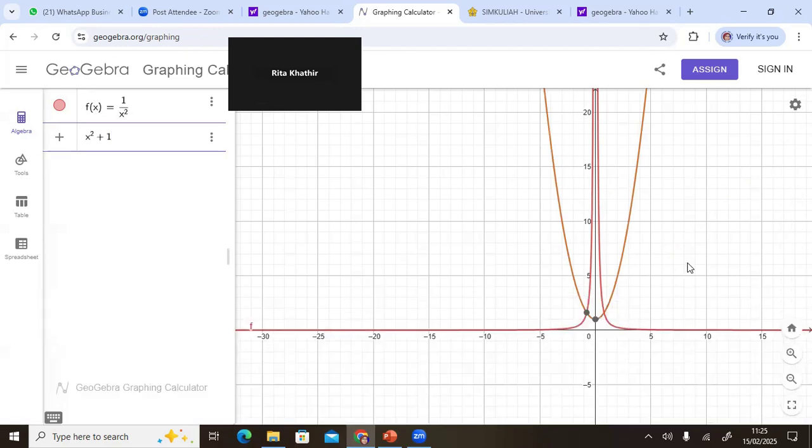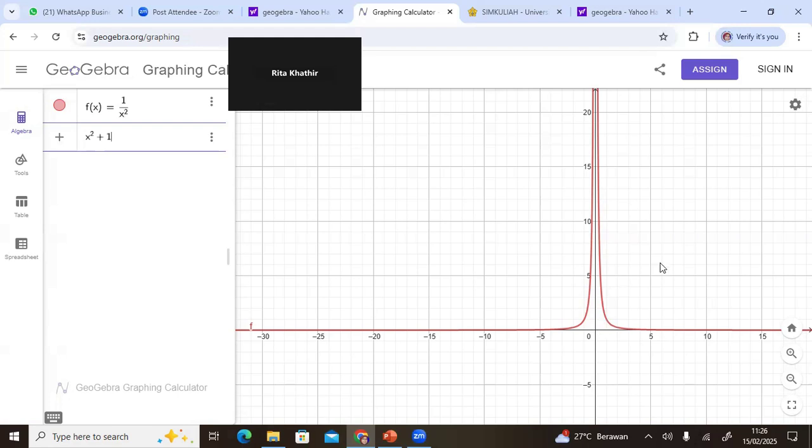GeoGebra will give you both models with different colors, so you can recognize which one is x squared plus 1 and which one is 1 over x squared. Then you can choose to show only one, and here we have the function 1 over x squared.